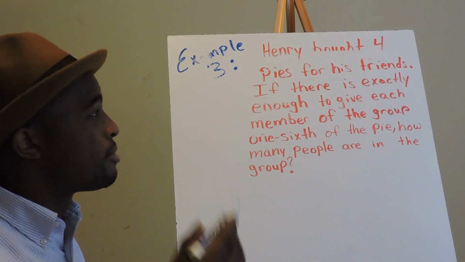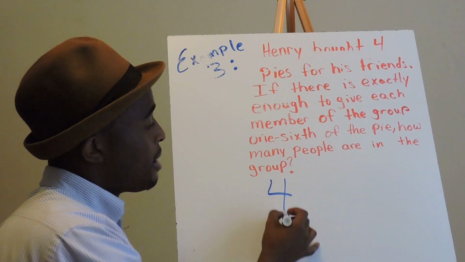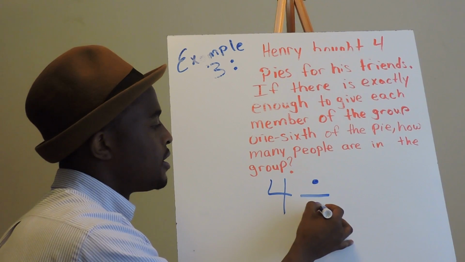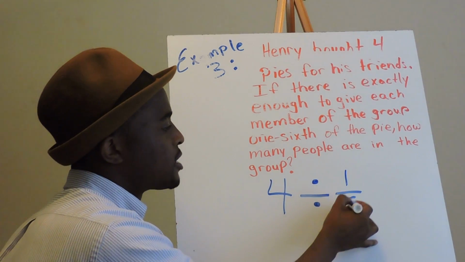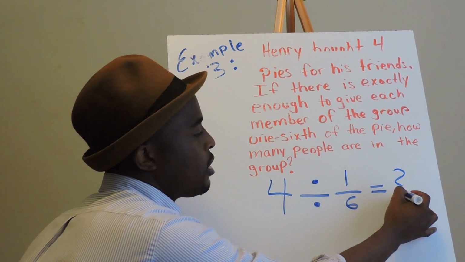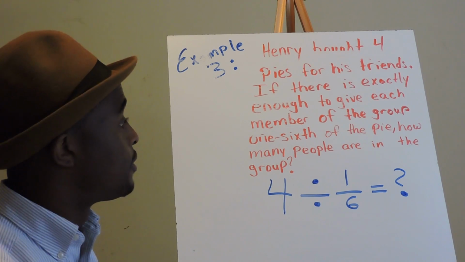We should be able to recognize that what Henry has is 4 pies. He's dividing those 4 pies into 1/6 pieces. And our problem is to determine how many pieces he can serve.